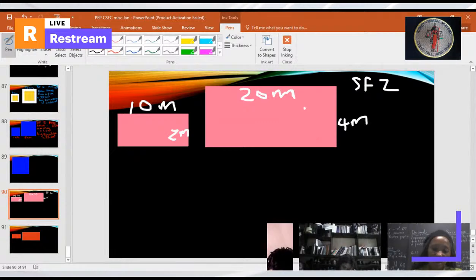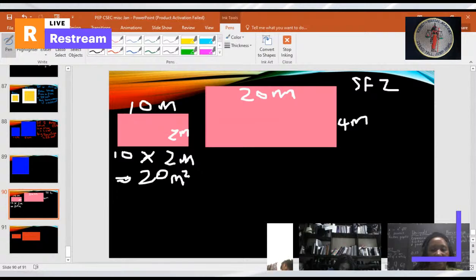All right, so the area of the small one would be 10 meters times 2 meters, which is 20 meters squared.